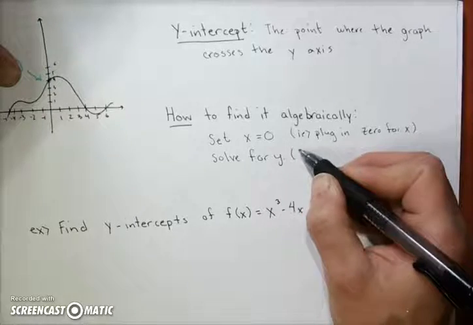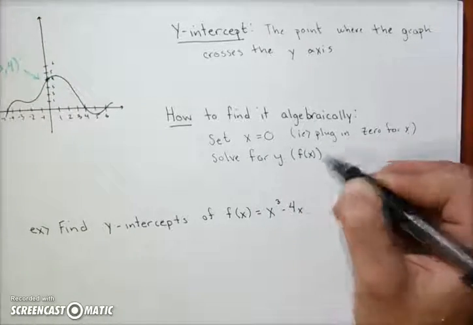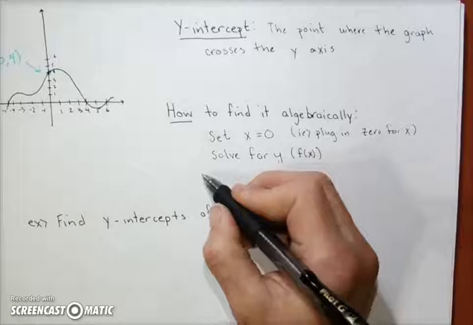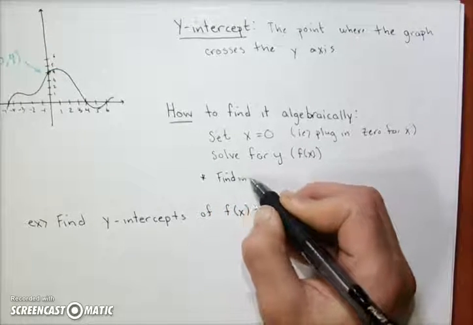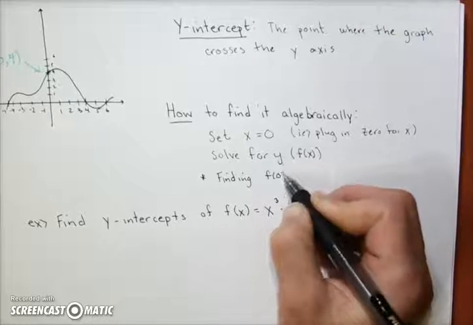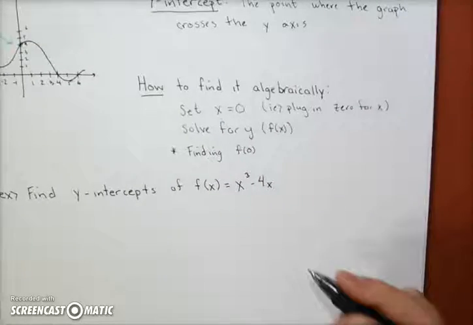And sometimes we're considering y as f of x, so we might be solving for f of x. So really, we're just finding f of 0, right? I'm plugging in 0 for x.